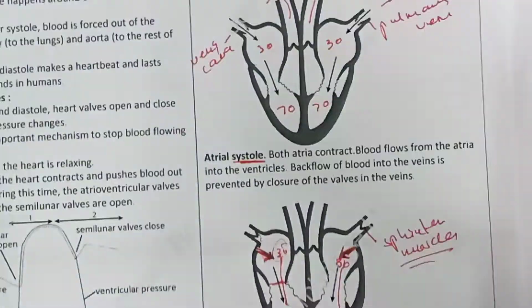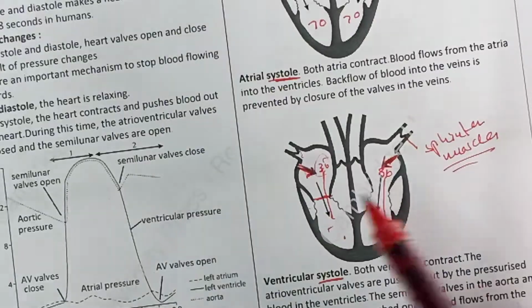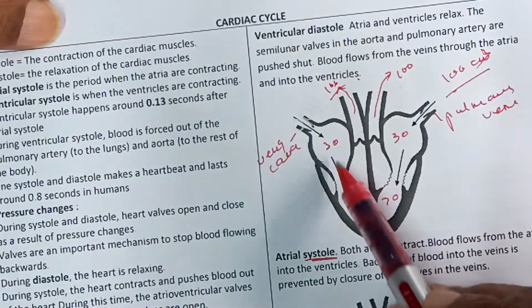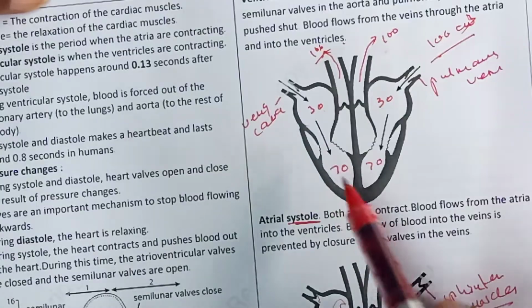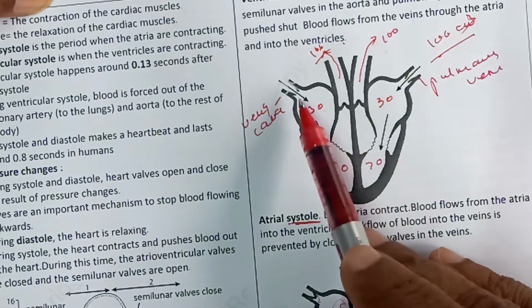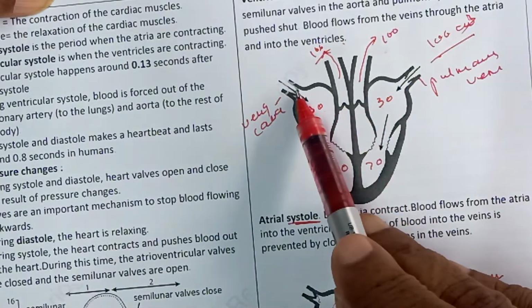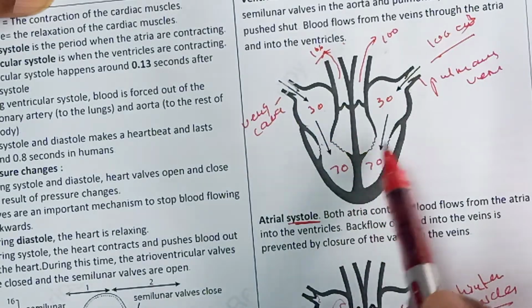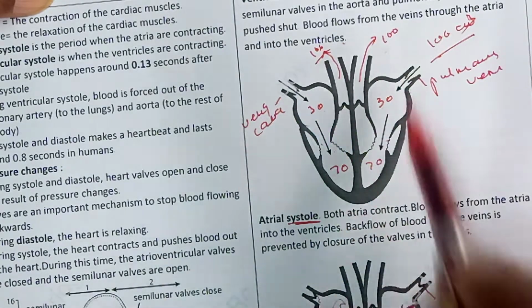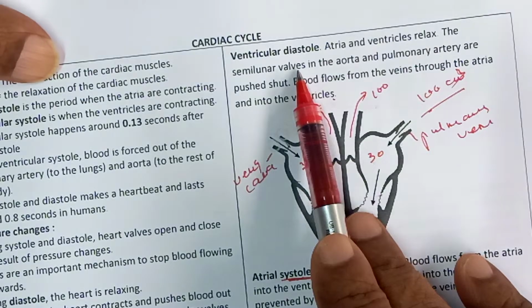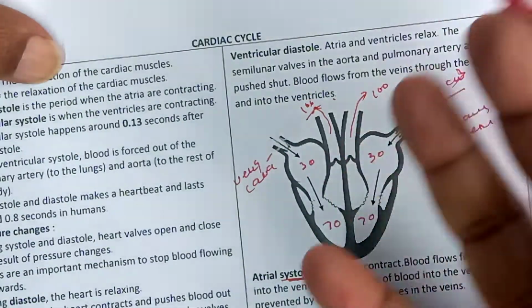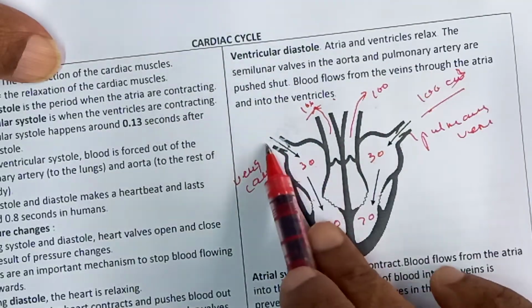So a revision, right? Blood is moving down. Say for example, 70, both are open, the sphincter muscle and the atrioventricular valve open. This is ventricular diastole, and both ventricular and atrial diastole.